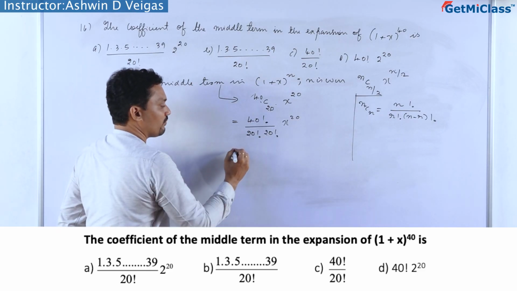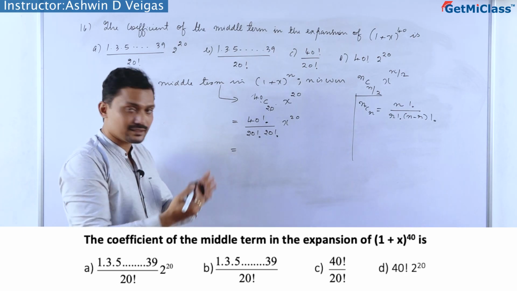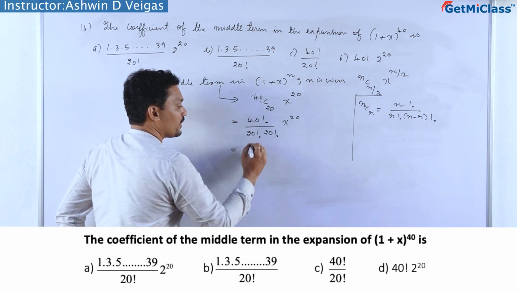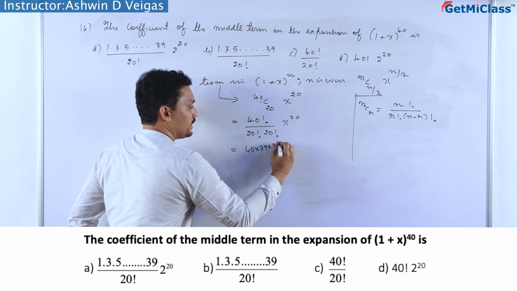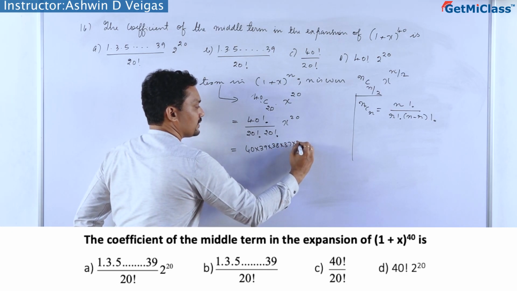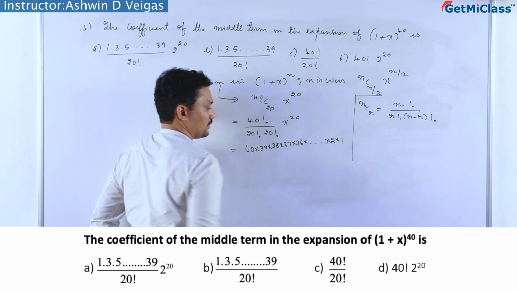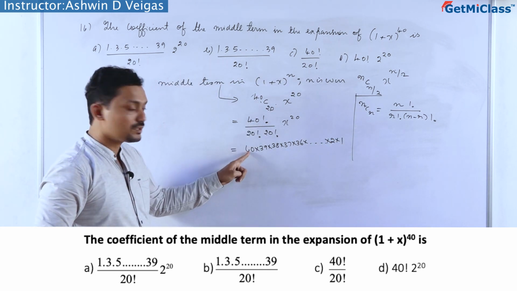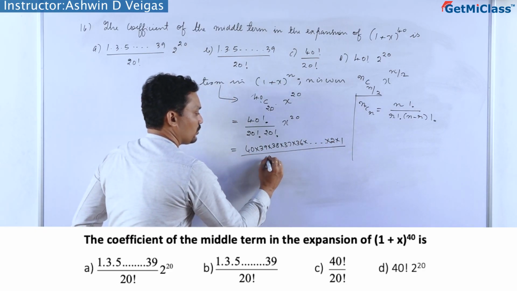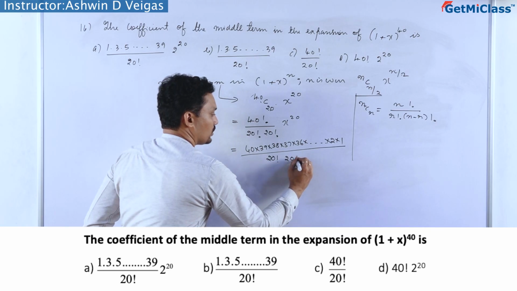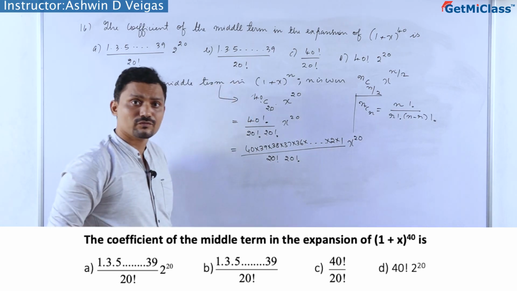And now 40 factorial, if we try to expand, we will only see the visualization of this expansion. 40 factorial is nothing but 40 into 39 into 38 into 37 into 36 like this, and finally it will end up at 1. So, 40 factorial is nothing but the product from 40 up to 1, divided by 20 factorial into 20 factorial into x^20.